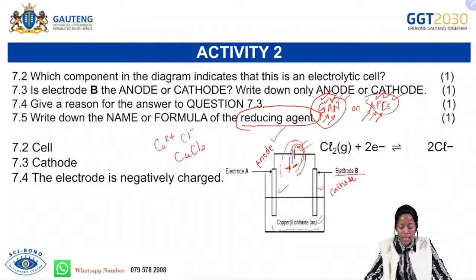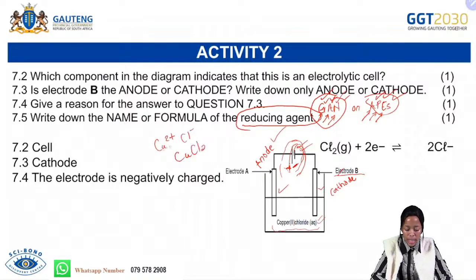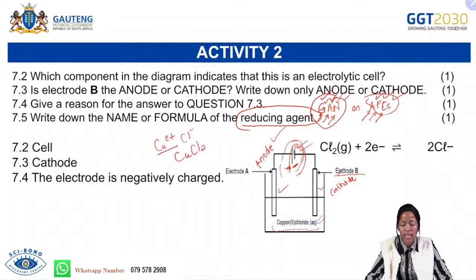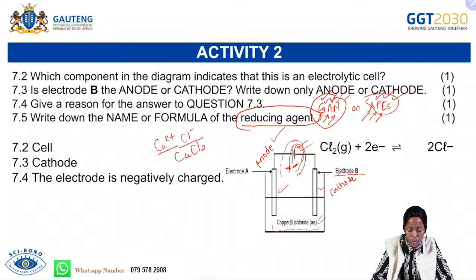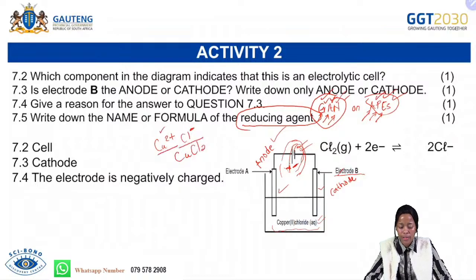If you break it down, you will have Cu2+, and the chlorine, because we find it on group number 7 of the periodic table, will have a charge of -1. And the copper, we find it on the transition metals. So number one, if you have a compound like this, you need to be able to break down the electrolyte.